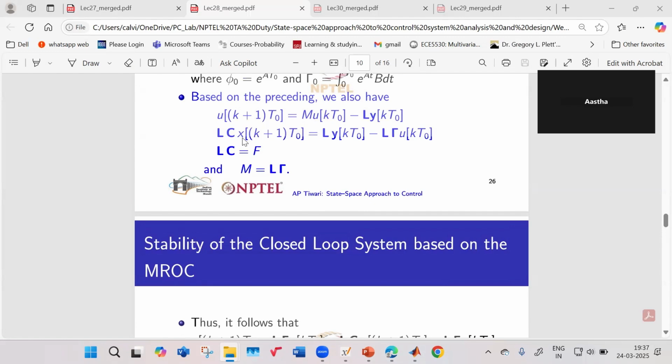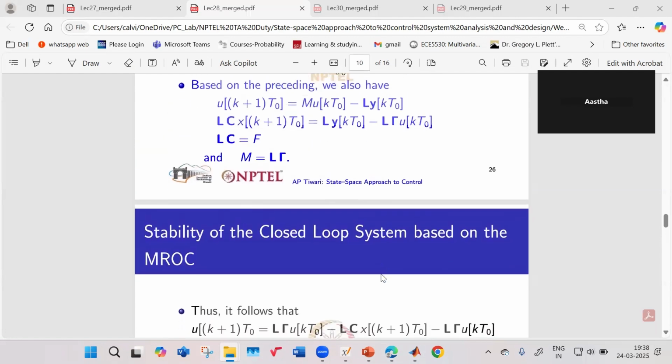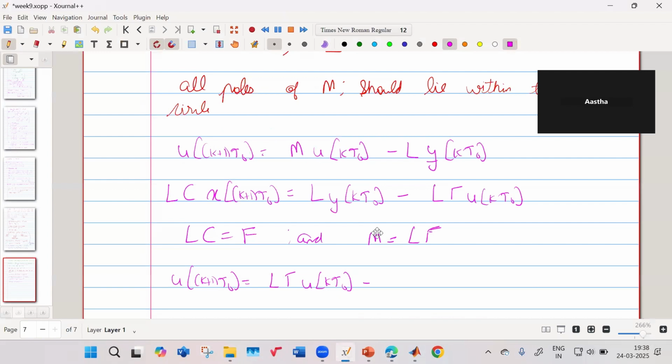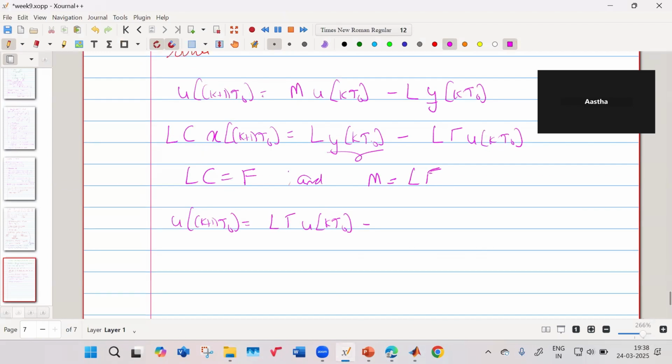Ly of k T0 is LC into x of k plus 1 T0 minus L gamma u. Here you have this Ly, so just take it to the right hand side. This becomes minus LC x of k plus 1 T0 plus L gamma u of k T0, which is equal to minus F x of k plus 1 T0. This is again just reiterated.